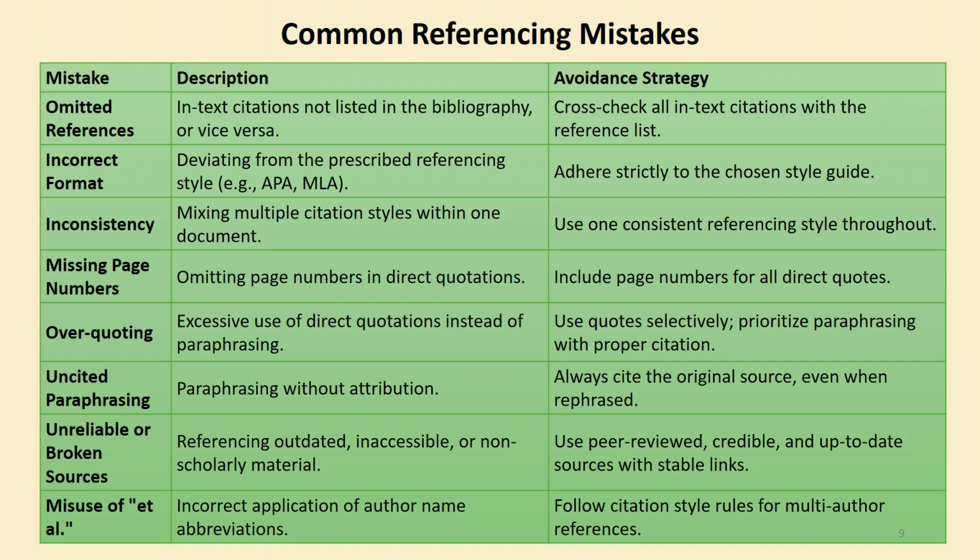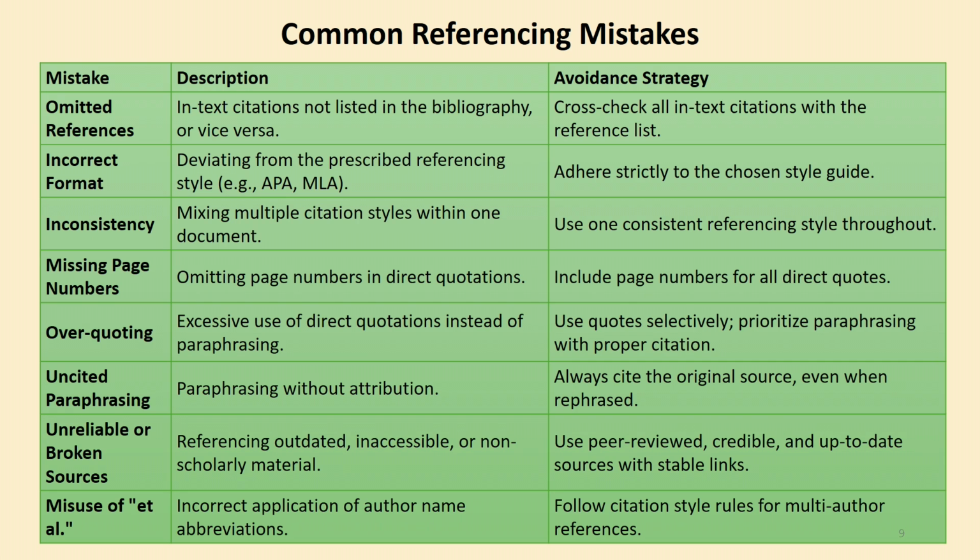Incorrect format. Deviating from the prescribed referencing style, that is APA, MLA. How to avoid it? Adhere strictly to the chosen style guide. This is very important: when you are doing referencing in your research proposal, do not do references with the help of various kinds of styles.